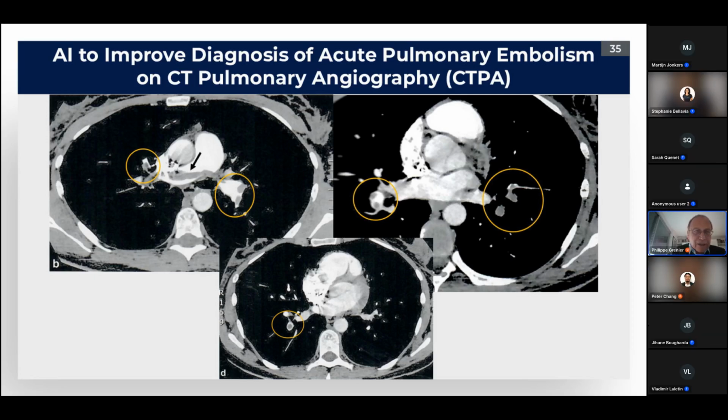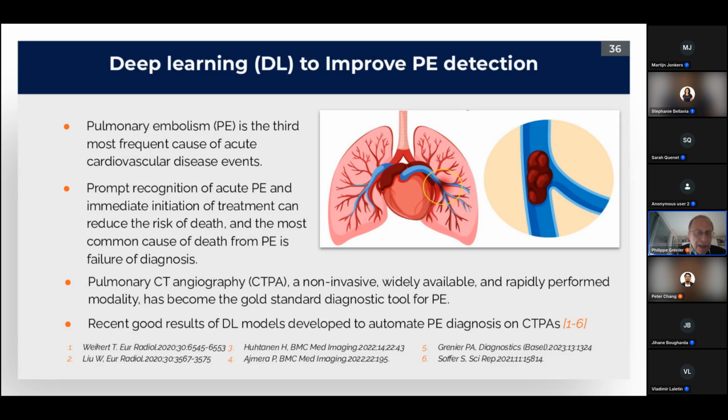Several AI solutions have been developed to improve the diagnosis of acute pulmonary embolism on CT pulmonary angiography, CTPA. As you know, pulmonary embolism is the third most frequent cause of acute cardiovascular disease events. Prompt recognition of acute PE and immediate initiation of treatment can reduce the risk of death, and the most common cause of death from PE is a failure of diagnosis.